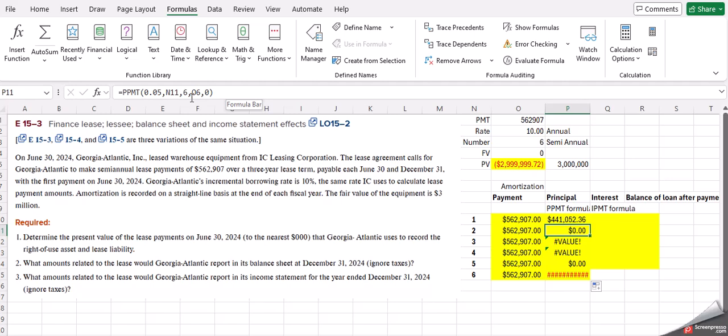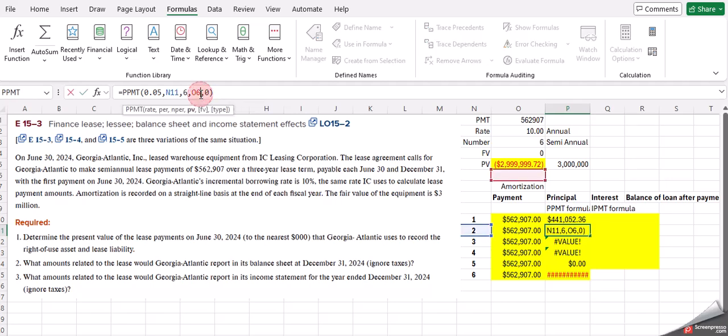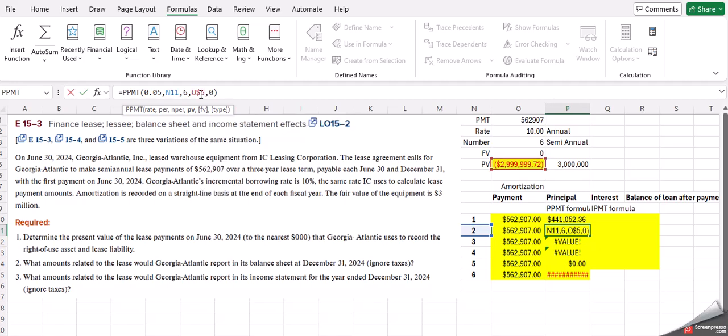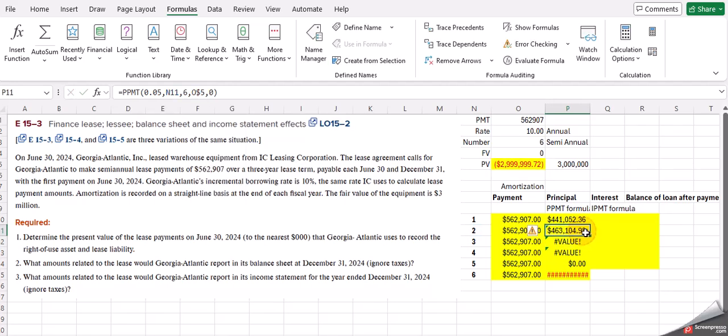So all I think I need to change is the N11, that part's right. We want it to be 6. We want this to be 0.05. We just didn't want that to drag with each one and make that bigger, but we wanted the ones to drag. Okay, so there we go.